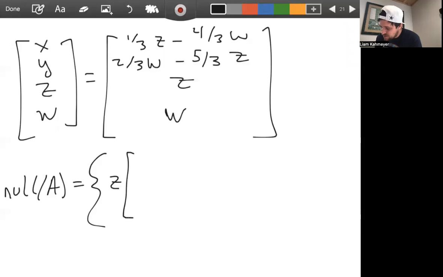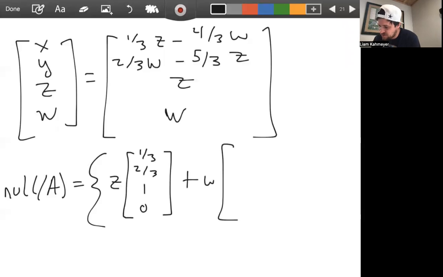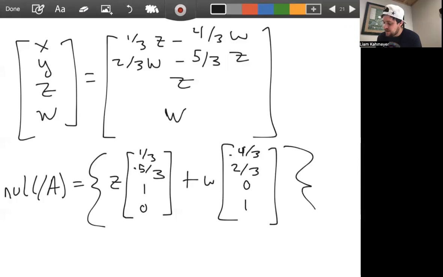z times 1/3, 2/3, 1, 0 plus w times negative 4/3, no, for z, excuse me, that should be negative 5/3, and then for w, we should have negative 4/3 and 2/3, 0, 1, right?